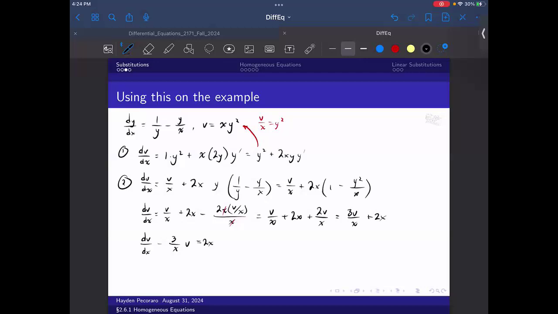Yeah. Well, you knew it was the mu. All right, so mu equals, it's this weird formula, e to the integral of p of x, which is -3/x. Yeah, don't forget the minus there. All right, and that should give us 1/x cubed.